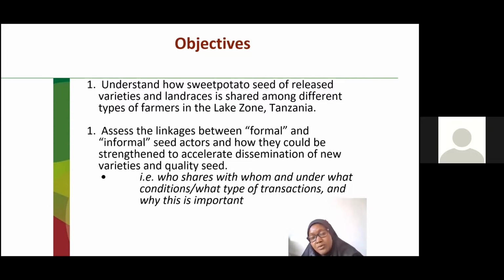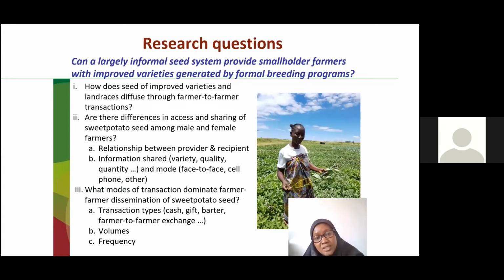Here we were looking at who shared with whom, under what conditions, what type of transaction, and why it is important.